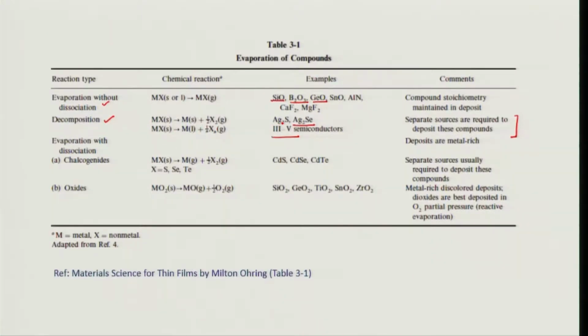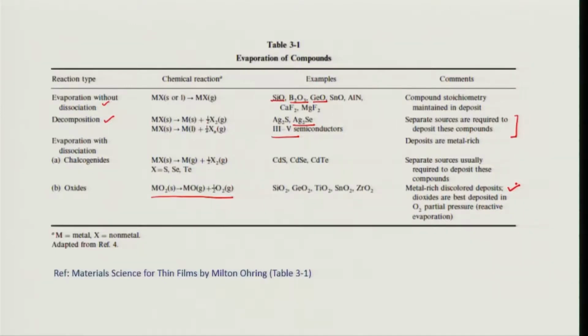Okay. Most metal oxides, if you want to deposit by thermal evaporation, you will not get the same stoichiometry, because some of the oxygen from the oxides will go into the gas phase, not the atomic phase or the vapor phase. Okay. So, you will get metal rich deposits.